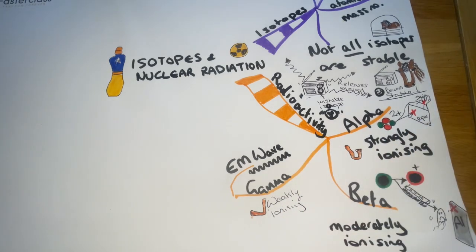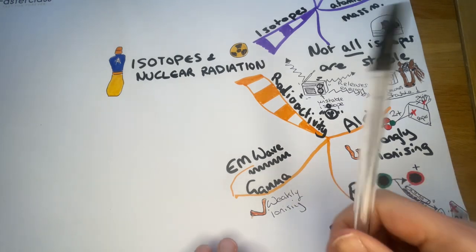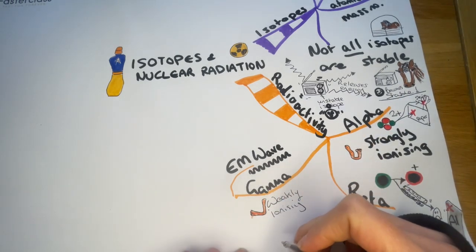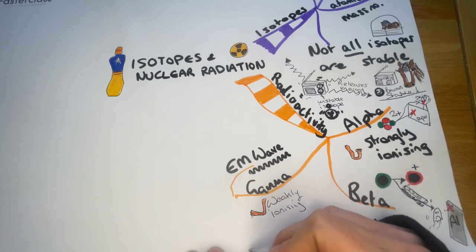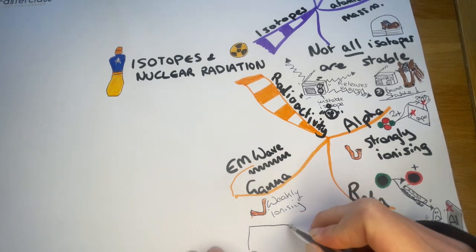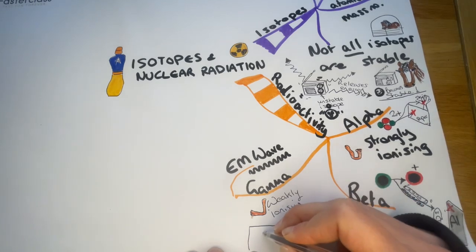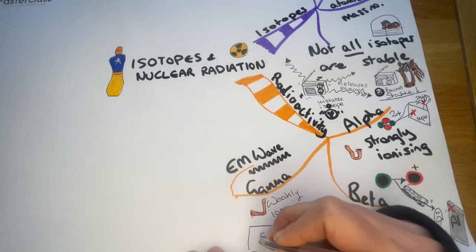Weakly ionizing. But it's very, very, very penetrating. Only thick lead or concrete can stop it. So not sure how you want to picturise lead. I would do a pencil, because I've got lead in it, but that's not very thick. If you want, you could just do a huge block of concrete, 5 metre wide.